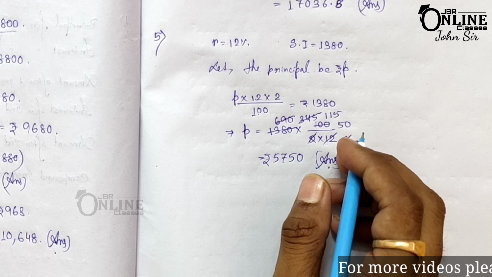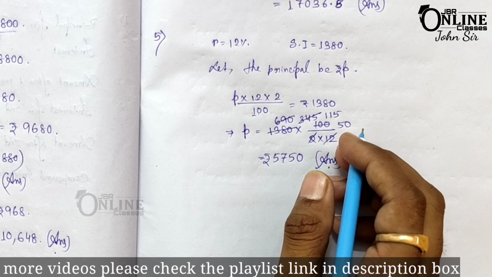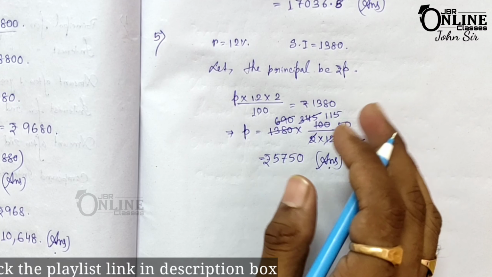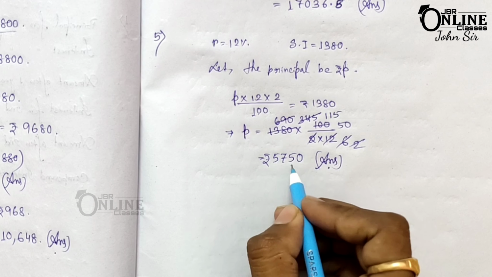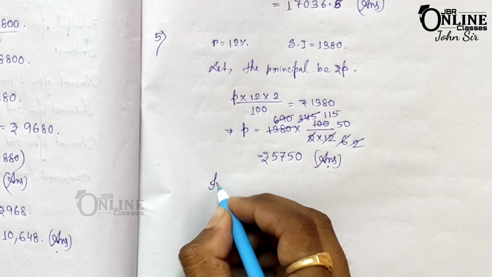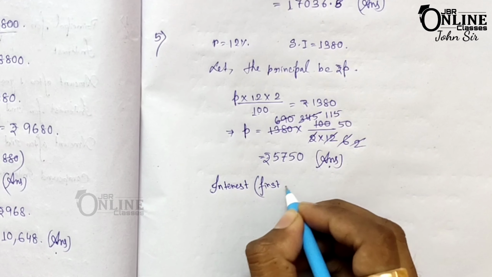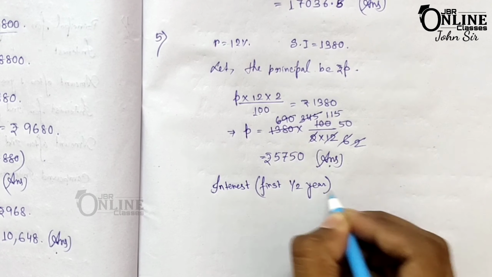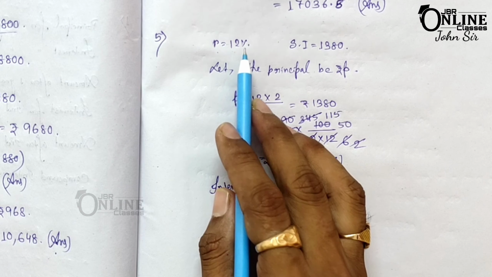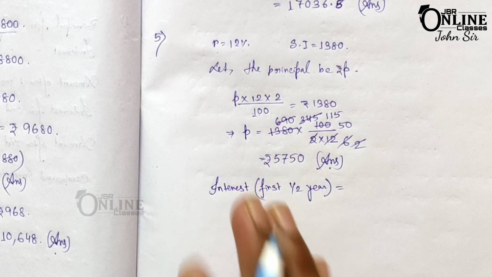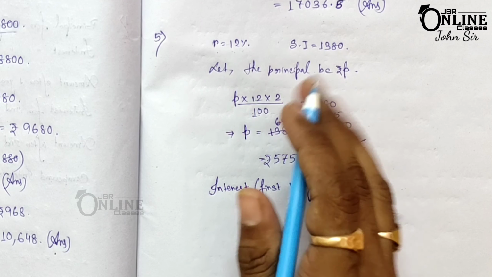Now next you have to find the compound interest on this sum for 1 year payable half yearly. Remember that, half yearly. So the principal for the first half year equals 5750. Now next, interest for the first half year. As the rate of interest equals 12% per annum, when you find the interest for half a year, the rate will also be half.